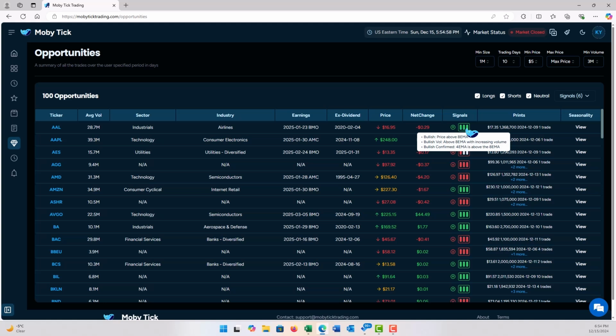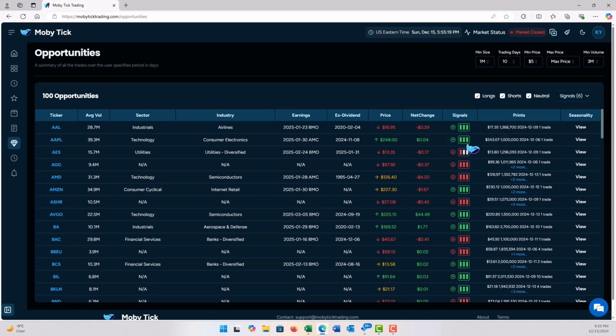If there's a second one in there, then the volume is greater than the day before. The bullish volume above the 8 EMA with increasing volume, right? Volume is the gas that moves the market. Now the third one is bullish confirmed, where the 4 EMA has crossed above the 8 EMA. Okay, so we get those sorts of things.